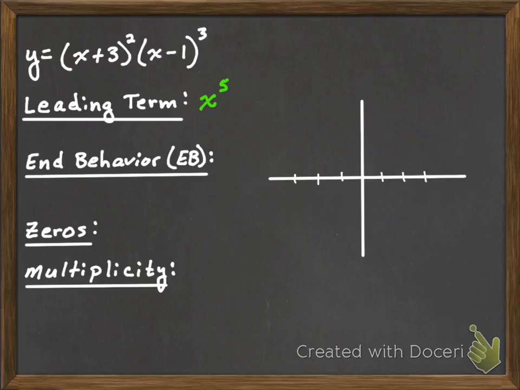Now, because you have an odd exponent, that means your graph is going to be going in opposite directions, to the left and to the right. Since it is positive and odd, that means it is going to go down to the left and it's going to go up to the right.